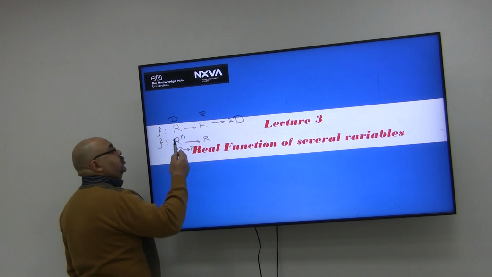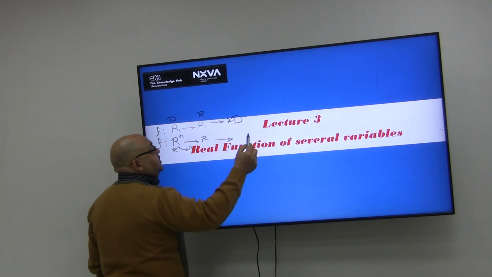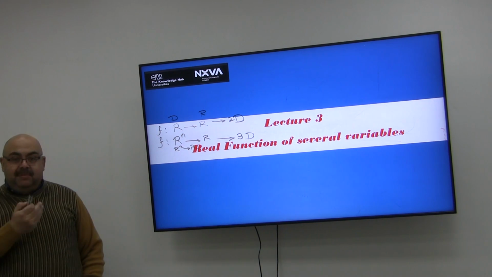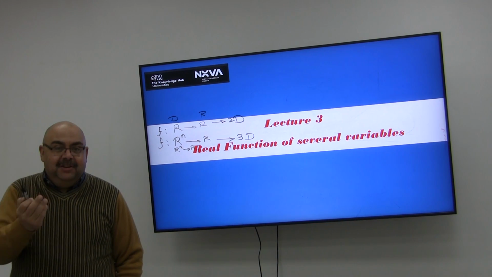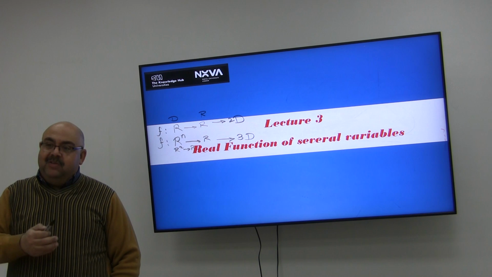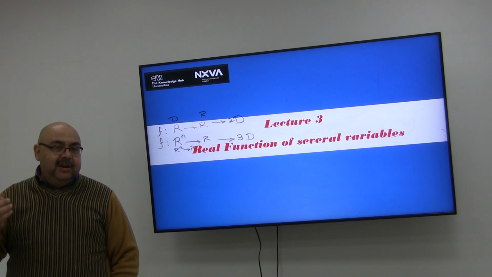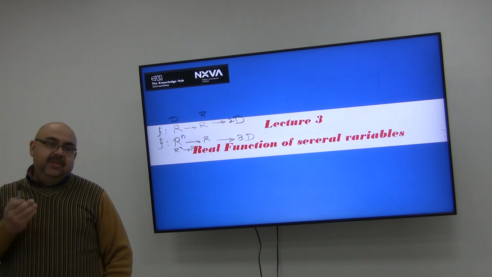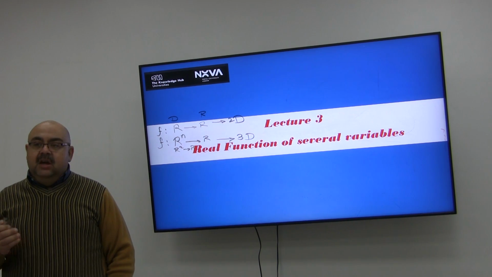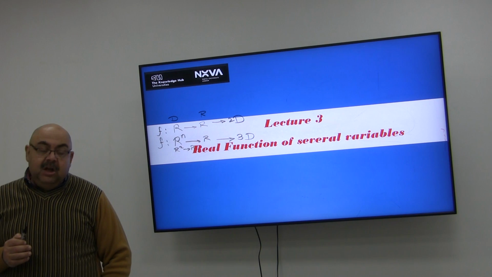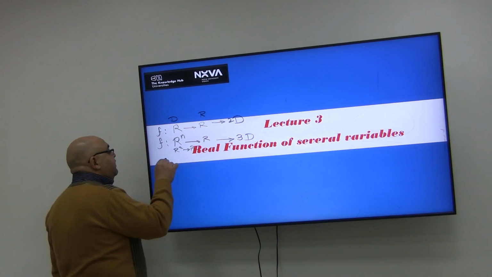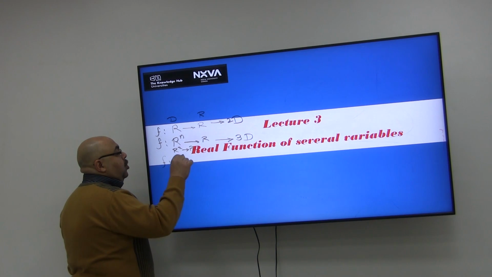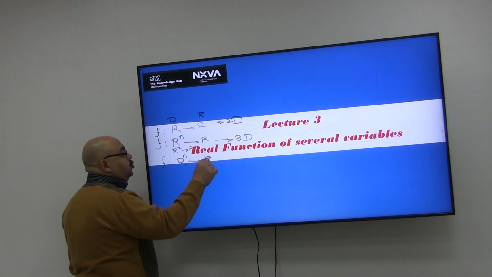If I'm in R2 into R, the surfaces that you will have will be in 3D. Those are the representations that we saw. It's the beginning of having a sphere, of having a paraboloid, of having whatever shapes we dealt with in the previous sessions. And also we will have vector valued functions, where you are working with Rn into Rn.